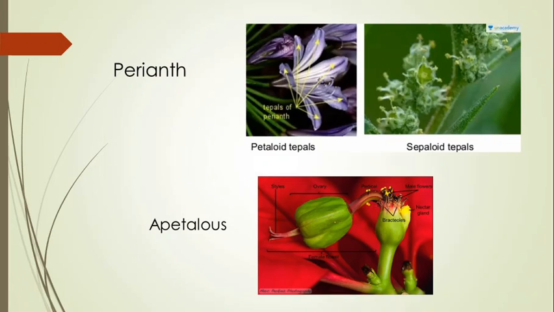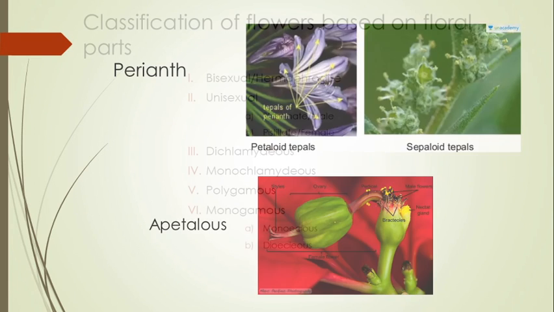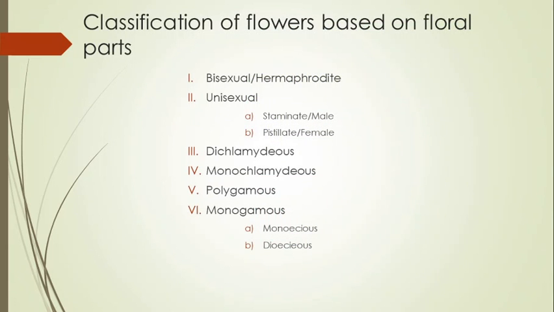And in these cases, we find that flowers have only the reproductive structure. They may have the gynoecium, the female reproductive structure, or the androecium, which is the male reproductive structure.